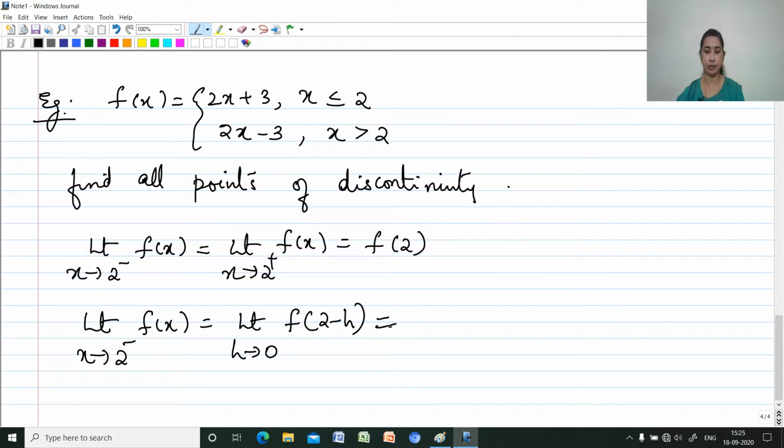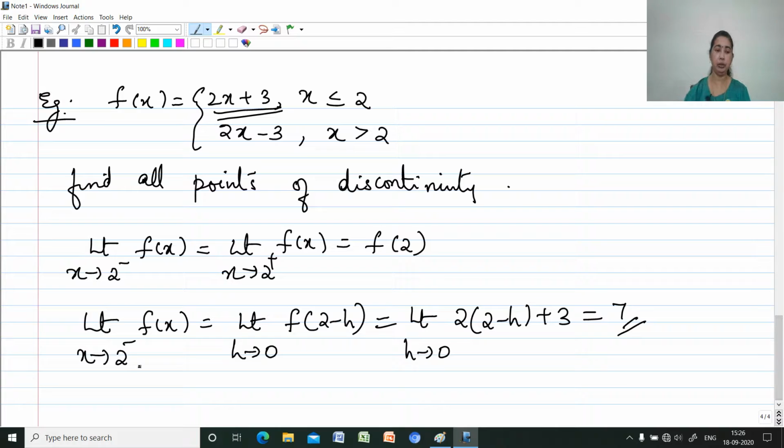So instead of x, I am writing 2 minus h, and when x is less than or equal to 2, I have to take f of x as 2x plus 3. So this can be written as limit h tends to 0, 2 into 2 minus h plus 3. And that is equal to, since h tends to 0, 4 plus 3 is 7.